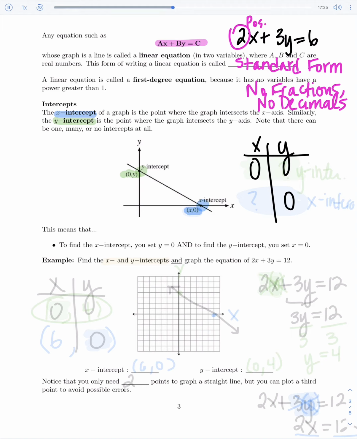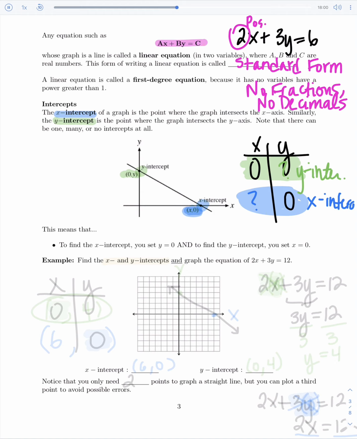So notice, when you are plugging in 0 for Y, that means you'll be looking for an X value. When you have the X value, that's what's going to be called your X-intercept. On the other one, when we are plugging in 0 for X and we're trying to find our Y, that's what's going to be called our Y-intercept.